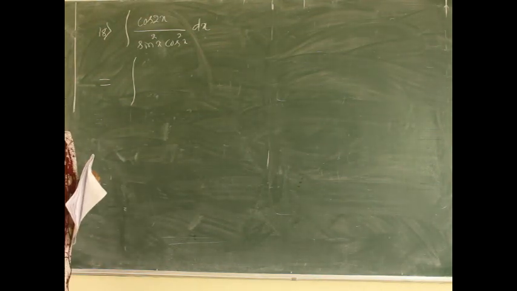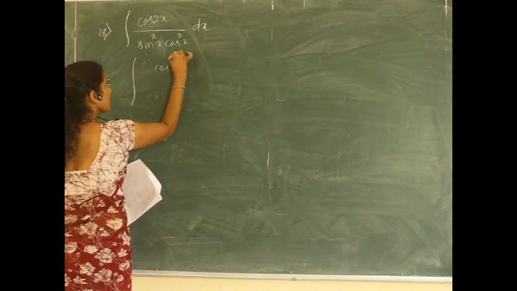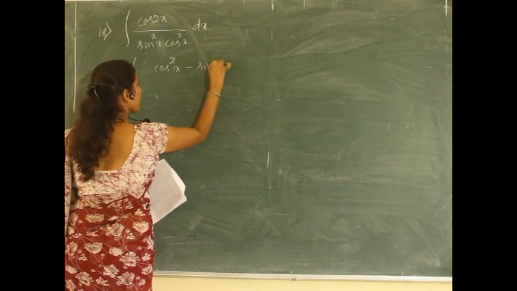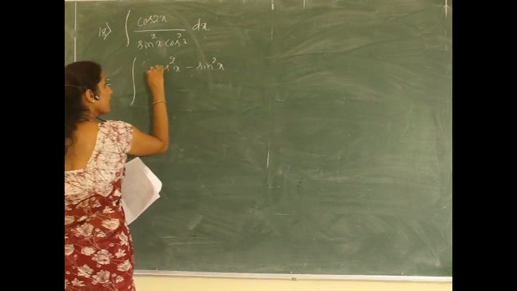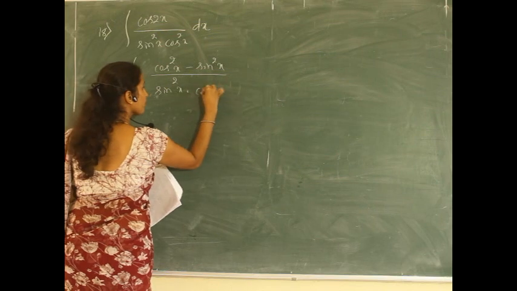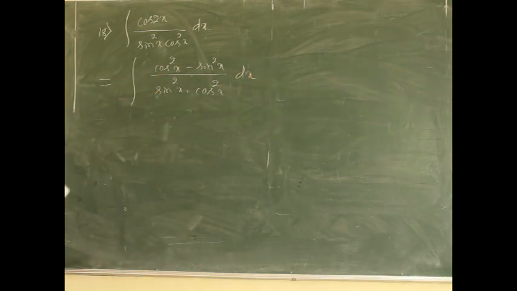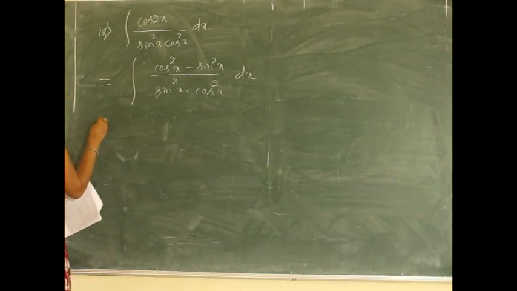There are 4 formulas, so I'll use the first one: cos square x minus sin square x divided by sin square x into cos square x dx. I have used the formula of cos 2x. Now we can split this.